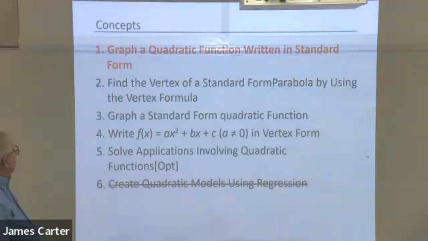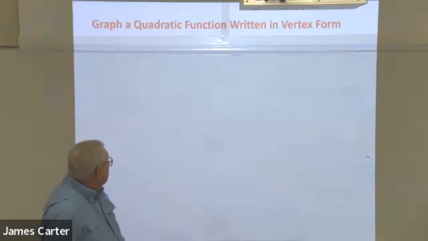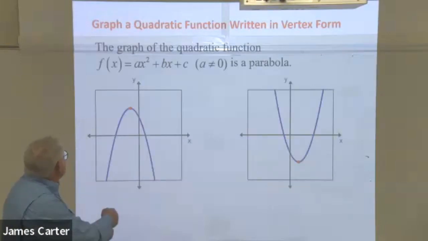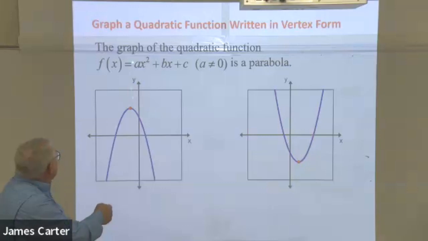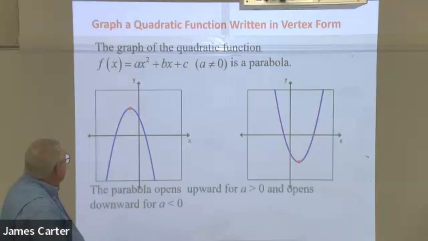Okay. Find the vertex of a standard form parabola by using the vertex form. You know what? We just did that. Now, this is review telling you what if, in this case, A would be negative. In this case, A would be positive. Okay, we've discussed that before.